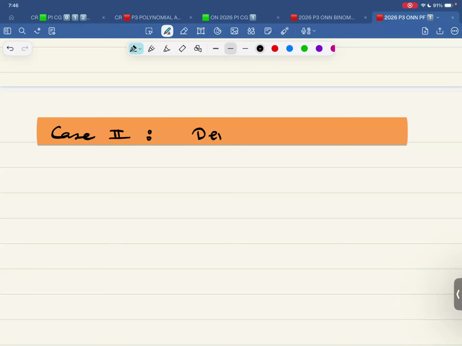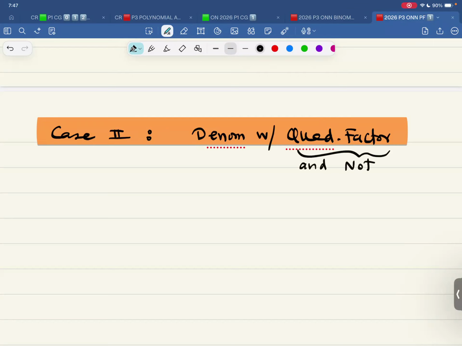That is denominator with quadratic factor. That means a quadratic factor is something that is quadratic and not factorizable. So if it's factorizable, it won't be termed as quadratic factor.